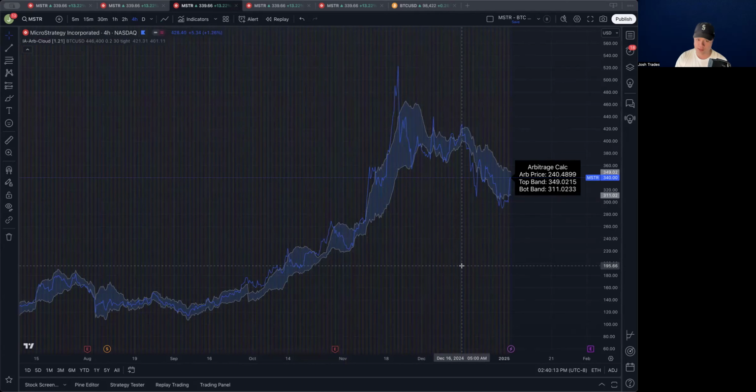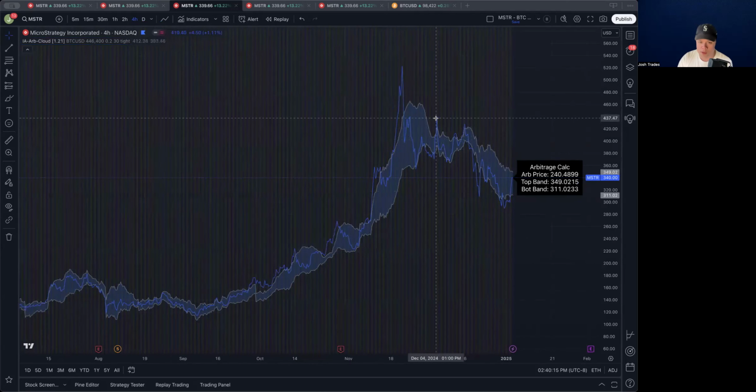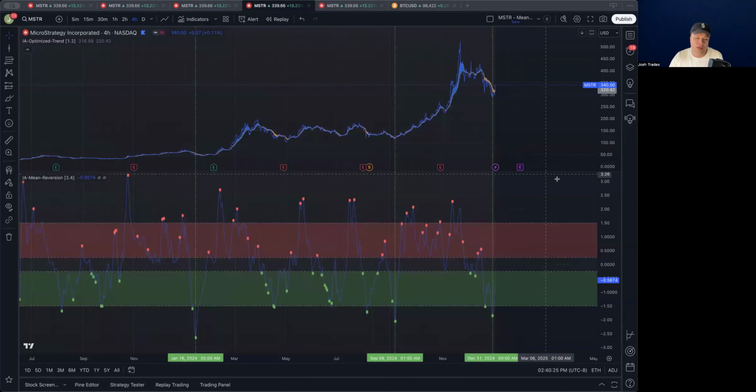I have another one set up here. When we peak through the cloud, what always happens? We mean revert lower. And inevitably, whenever we are low on the ARB cloud, we always return back to it. And you can also use mean reversion to see why buying MicroStrategy under $300 was such a good idea.